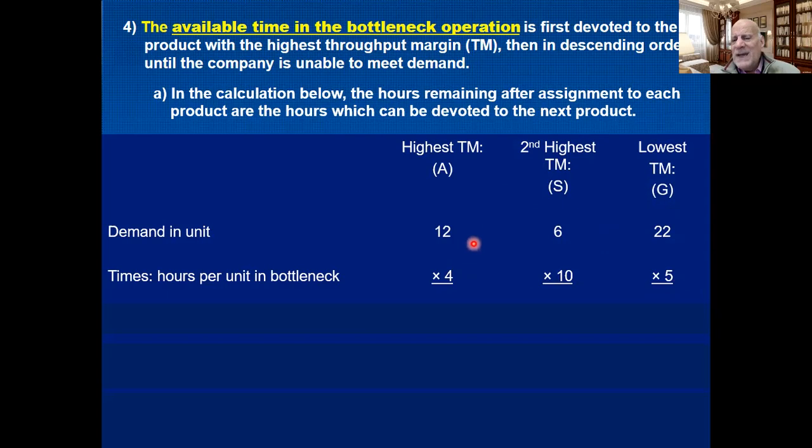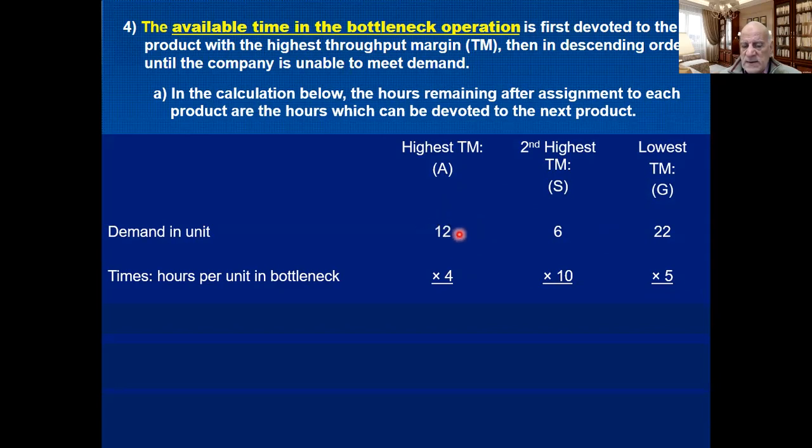So we will first devote our resources toward producing product A. We will produce all the units which can be sold in the market.